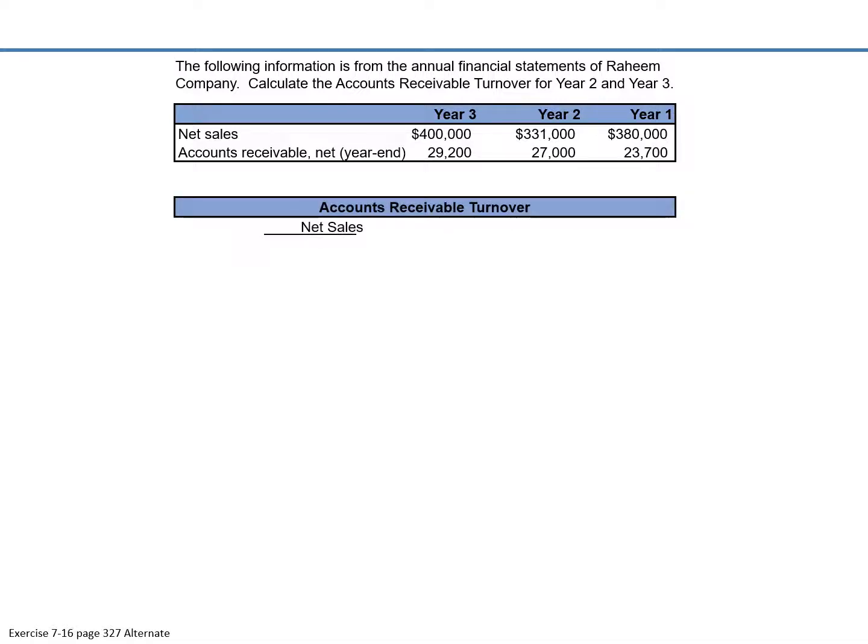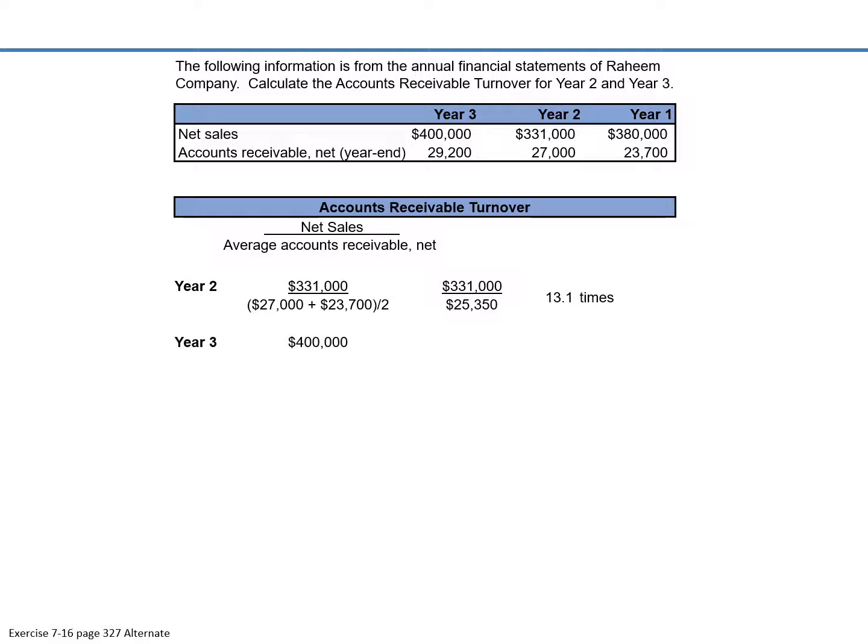All right, so net sales again, divided by average accounts receivable is how we calculate accounts receivable turnover. Year 2 is 331,000 in net sales, divided by our average receivable. So if you take your ending balance at year 2 plus your ending balance at year 1, which is the same as your beginning balance at year 2, divided by 2, it's 331,000 divided by 25,350 for 13.1 times.